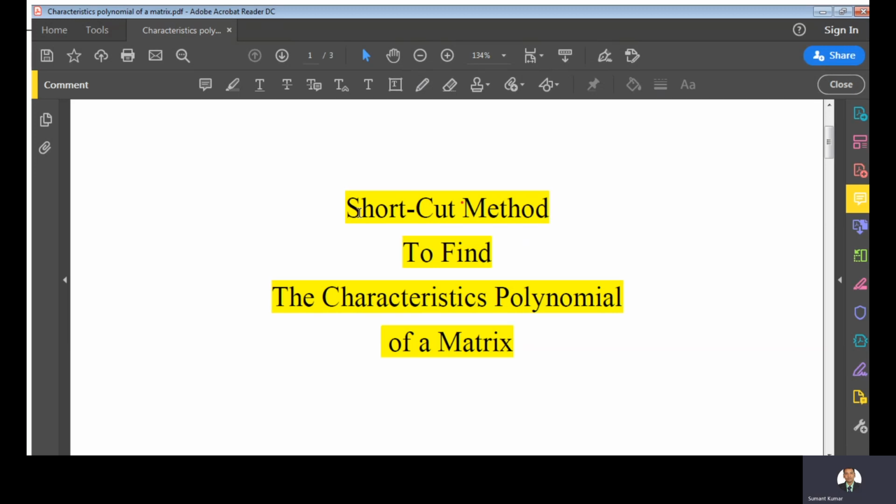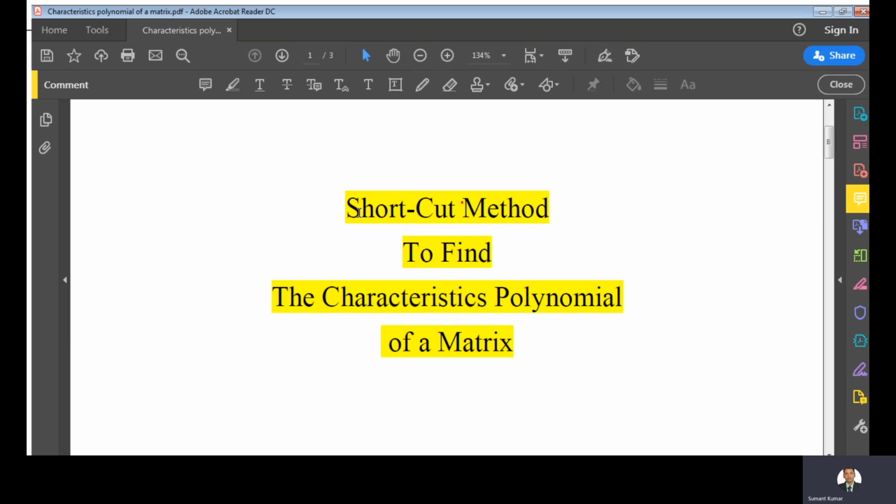Then you will extend it: can you extend it for a matrix of order 3, and can this method be generalized for higher order? We are going to answer these questions in this topic.